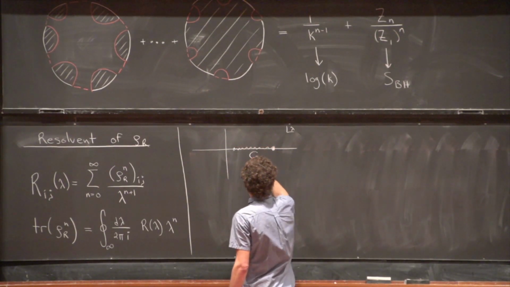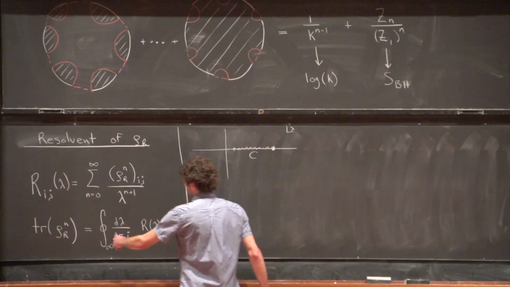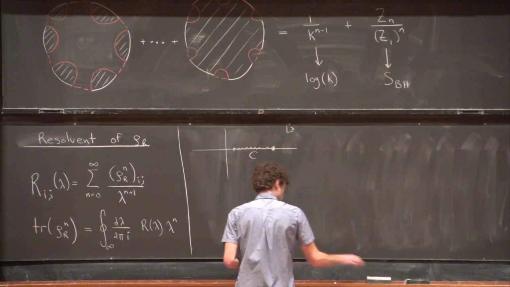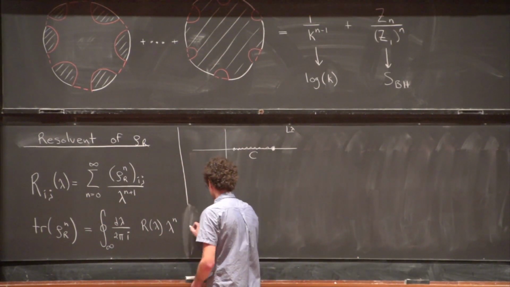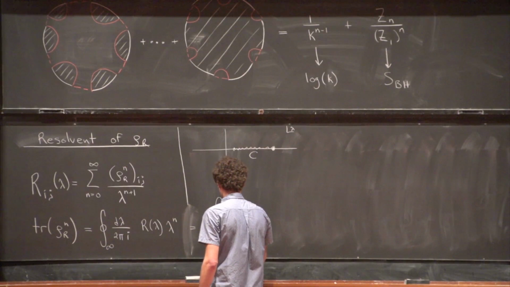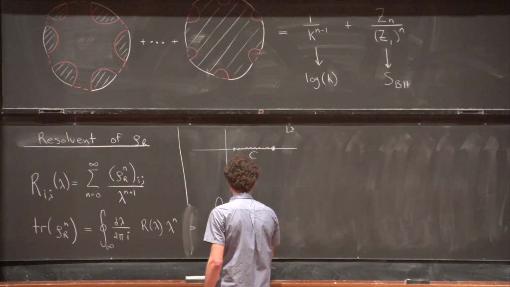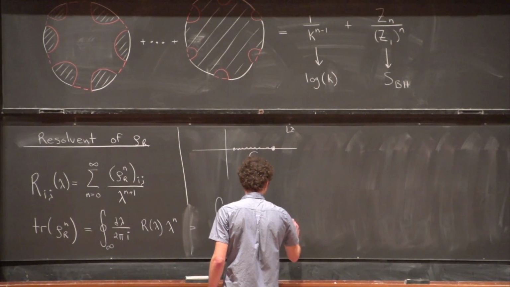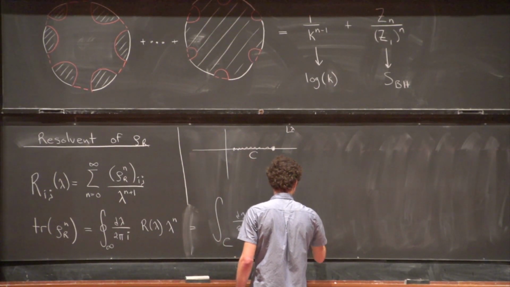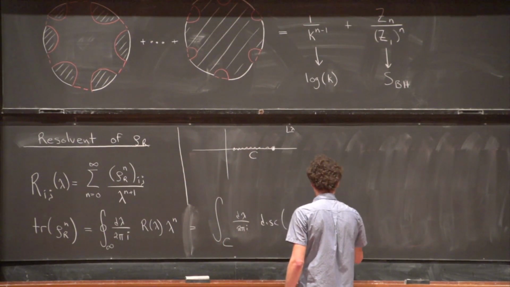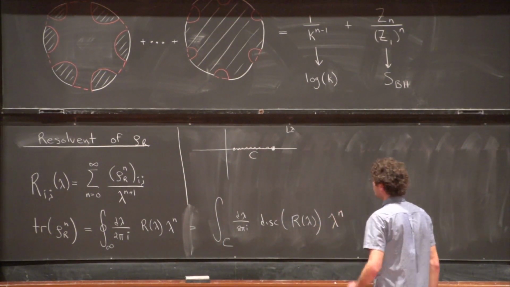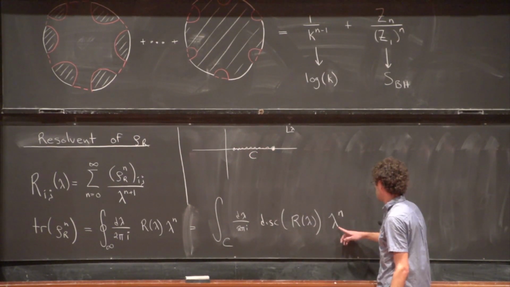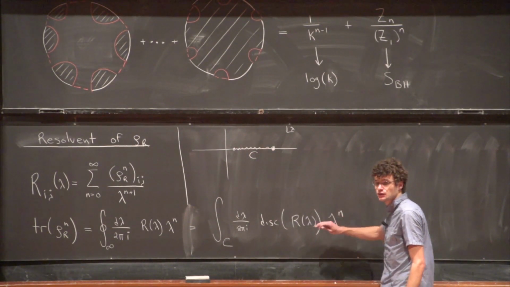I'll call that interval C. We can deform the contour of integration while n is still an integer, so that this becomes an integral along the cut of d lambda over 2 pi i of the discontinuity of R across the cut times lambda to the n. Since the cut is along the positive real axis, we're far away from the branch points of lambda to the n. So this integral can be continued in n.